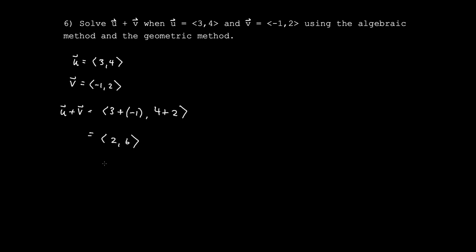Now the vector (2, 6) would look like a horizontal translation of 2 units and up 6 units from the origin. Something like that. We can verify this by graphing it. Now that we've solved this algebraically, we can solve it geometrically as well. These vectors have 2 components each, so we know that it is in the second dimension. The first vector, (3, 4), is 1, 2, 3, and 1, 2, 3, 4.